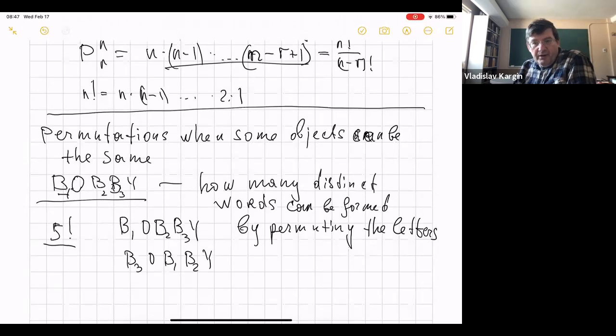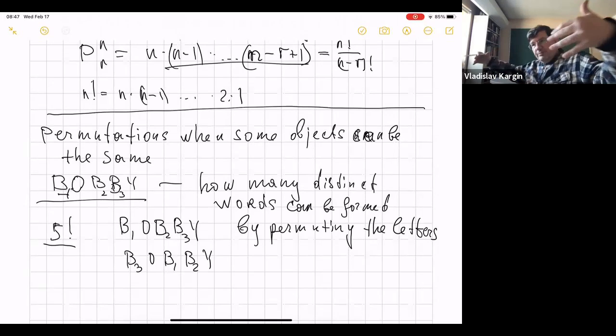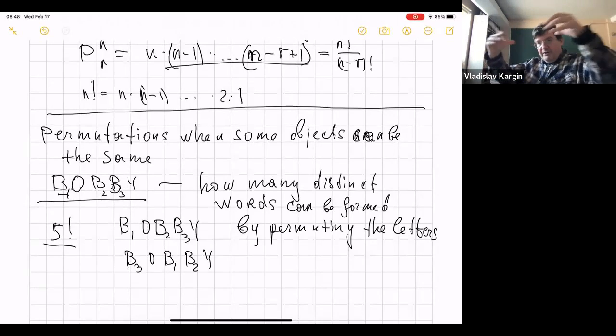So every distinct word corresponds to 3 factorial permutations of the letter B. So if we list all possible permutations, then every 3 factorial, which is 6, permutations correspond to exactly 1 distinct word.